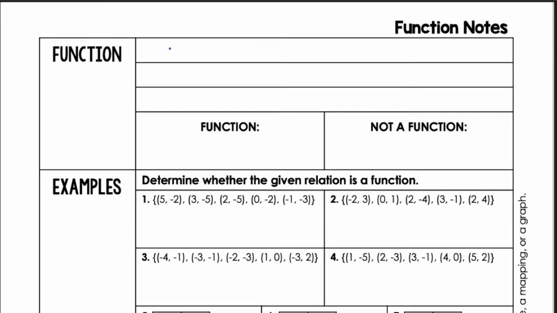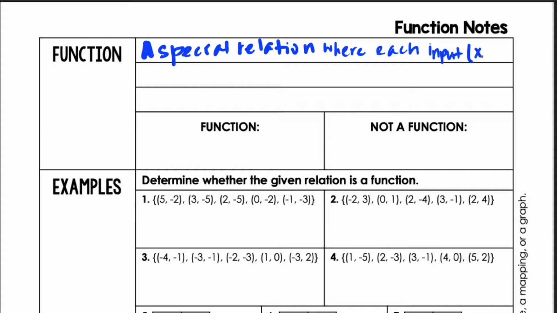Okay? So for the definition of a function, this is going to be a special relation where each input, and when we talk about input, we're talking about our x values.